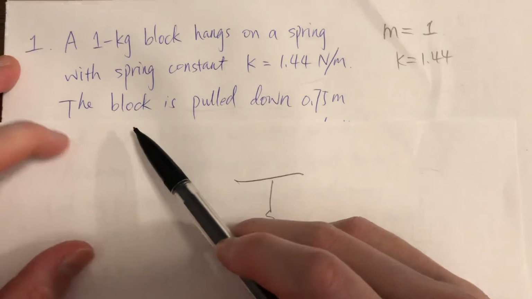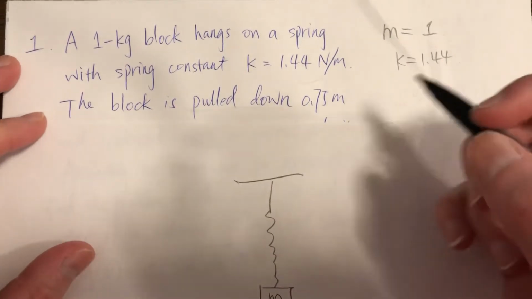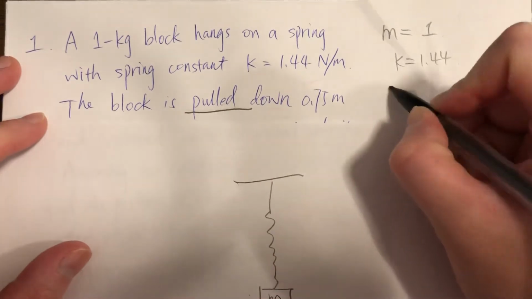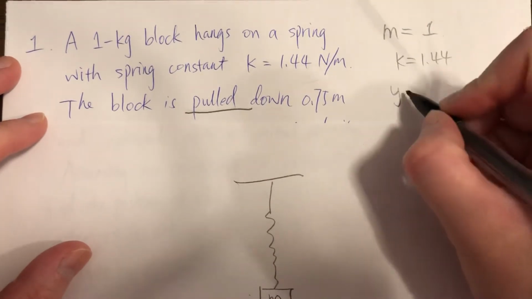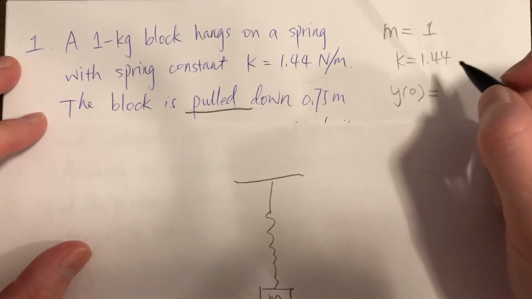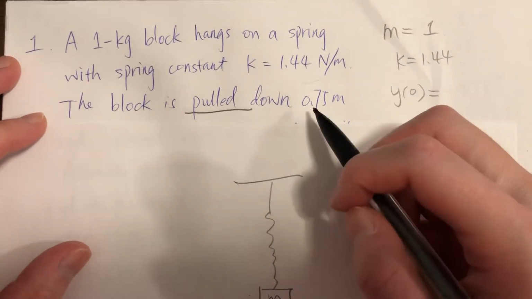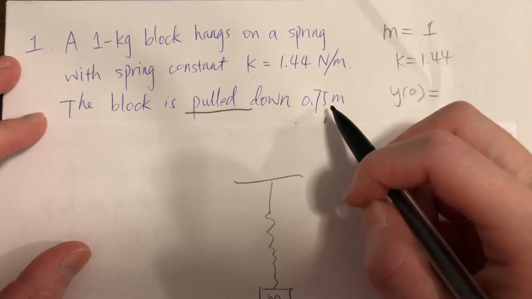And then the next line, the block is pulled down. There is something important in this line. First of all, it tells you the initial displacement, the initial position, so it's 0.75 meters.